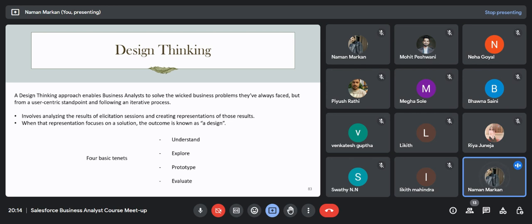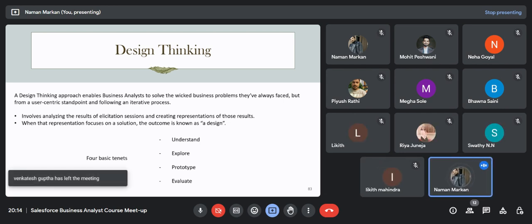So today we will be talking about design thinking. Design thinking is an approach which enables a business analyst to solve complex problems.